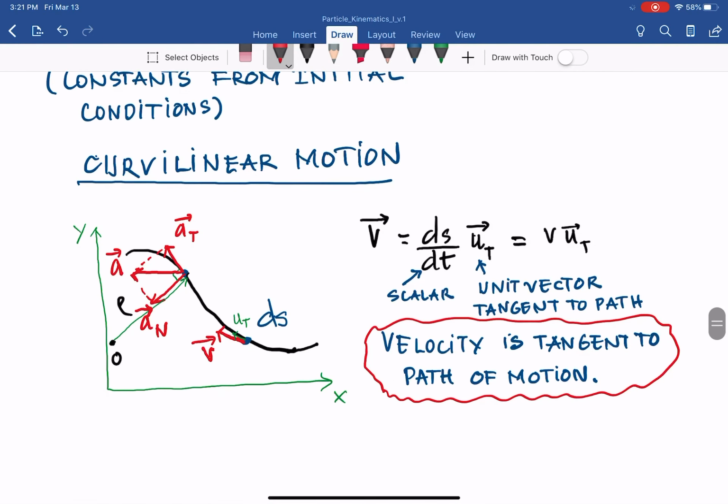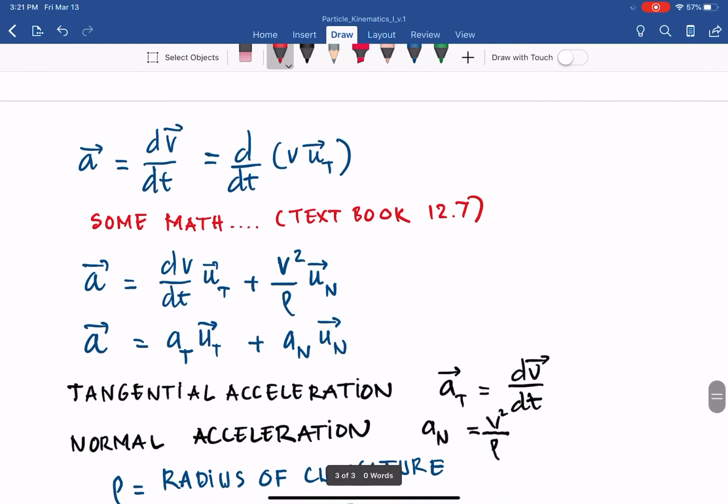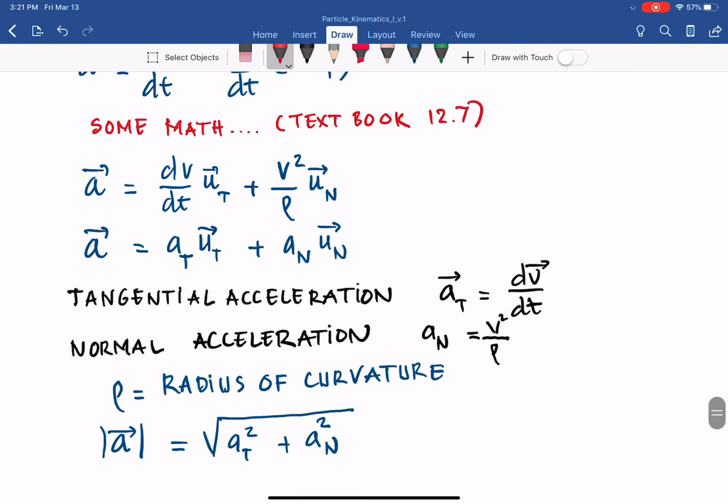You know the relationship between displacement, position vector, velocity, and acceleration. Especially keep in mind that in curvilinear motion, we have two components of acceleration, tangential and normal, determined by at equals dv over dt and an equals v square over rho. In terms of direction, it will be v square over rho times un.